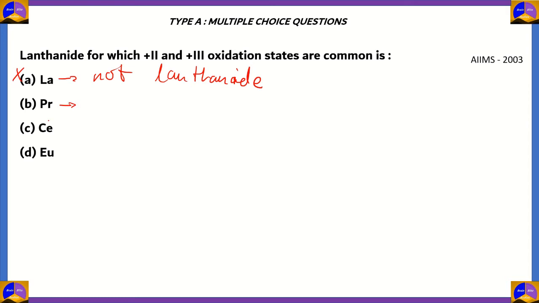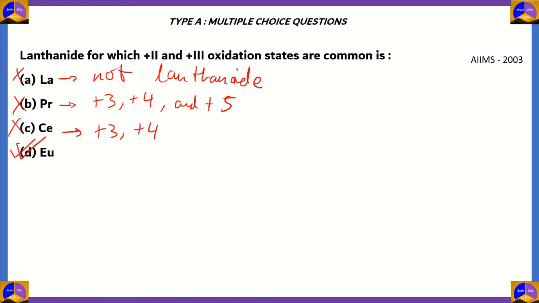Now option B is Pr. Pr stands for praseodymium. Praseodymium has the oxidation states +3, +4, and +5 as common, so therefore option B is incorrect. If you look at option C, cerium has the oxidation states +3 and +4, so therefore option C is incorrect.